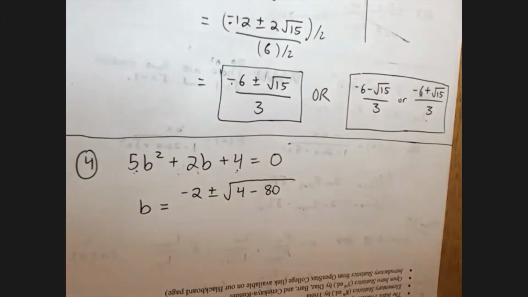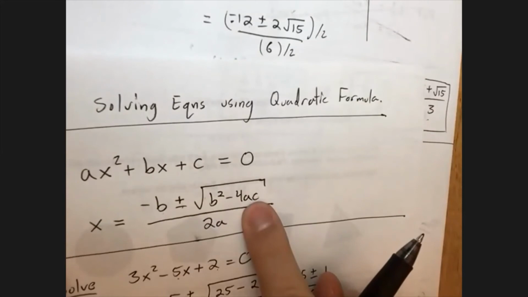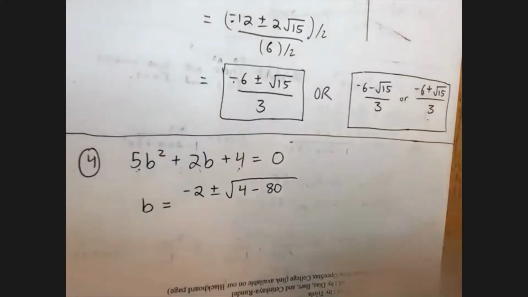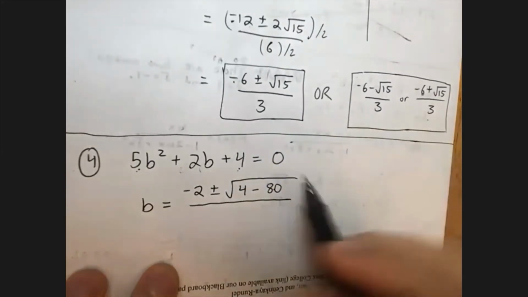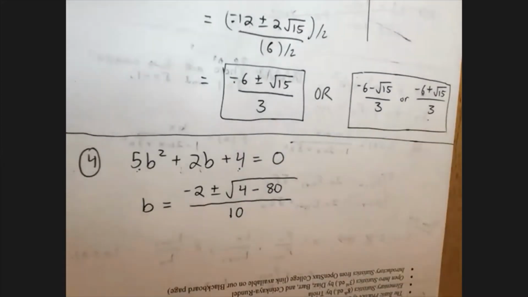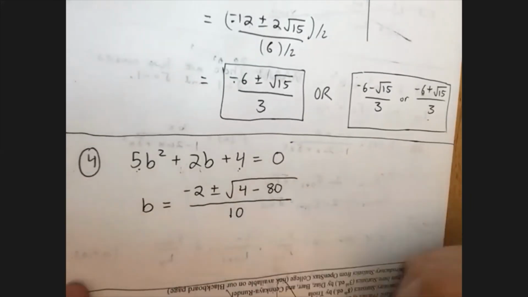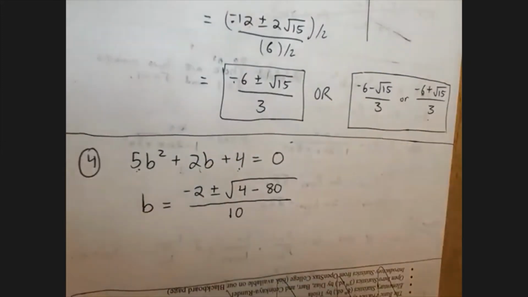That was the 4ac part. And so we divide by twice this number, that's 10 in this case. So here we have essentially our answer. We just need to simplify it.